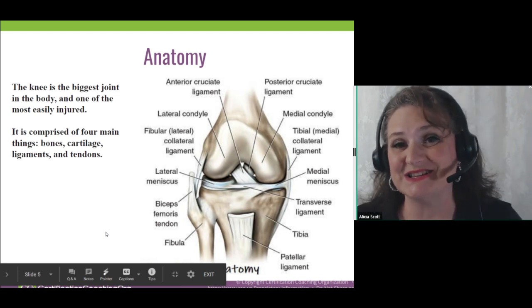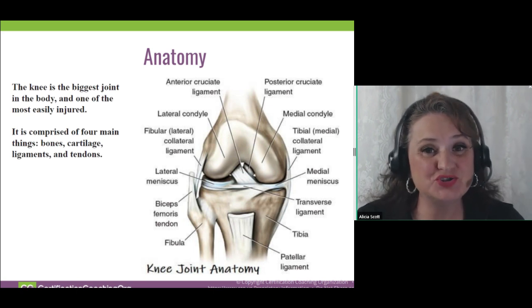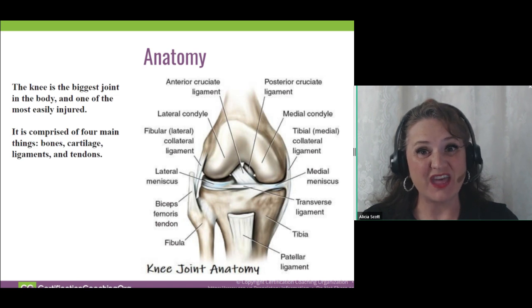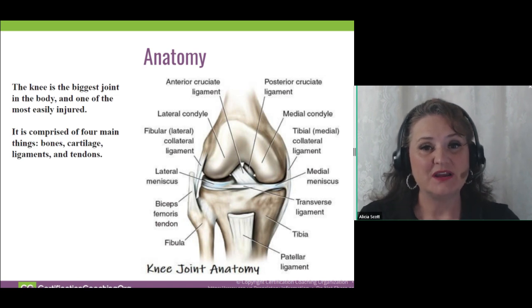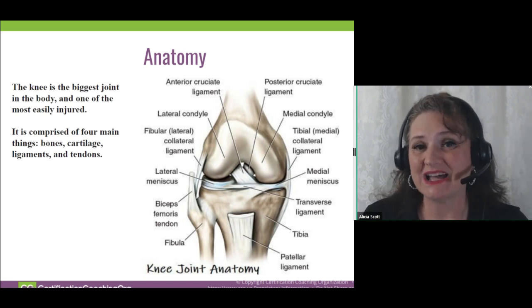So it's important for you to know that the knee is actually the biggest joint. I was surprised about that because I thought that it might have been the shoulder. The hip, we think about the hip. However, the hip is a ball and socket joint.